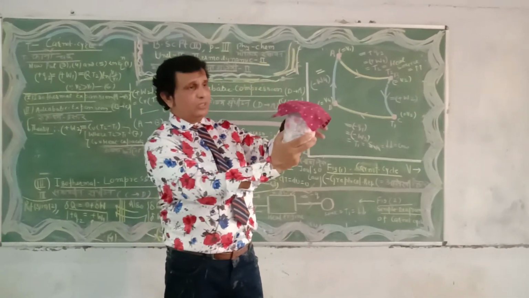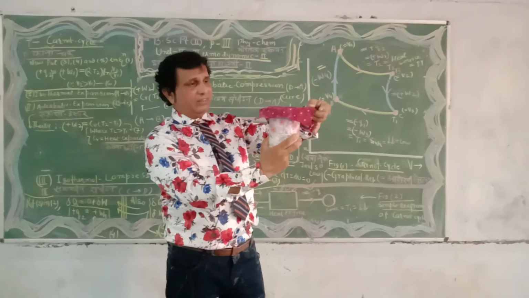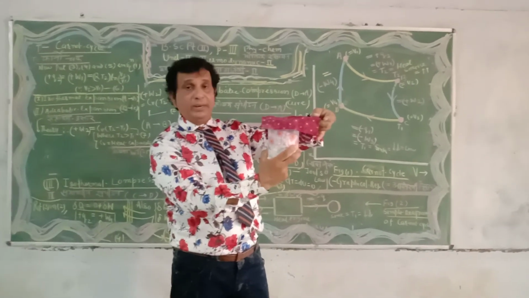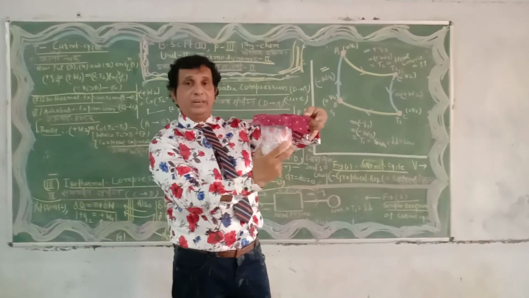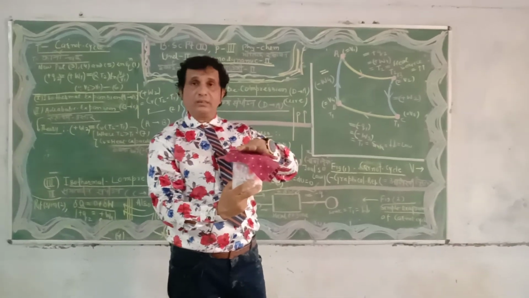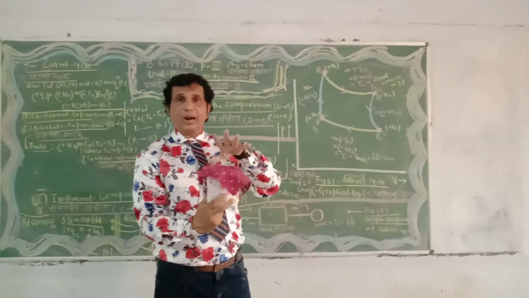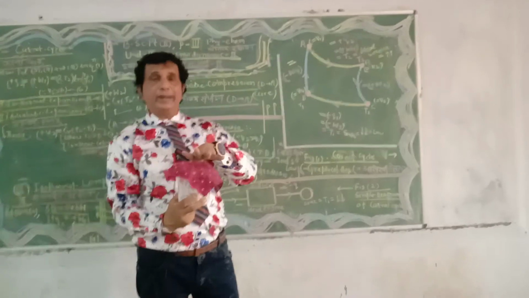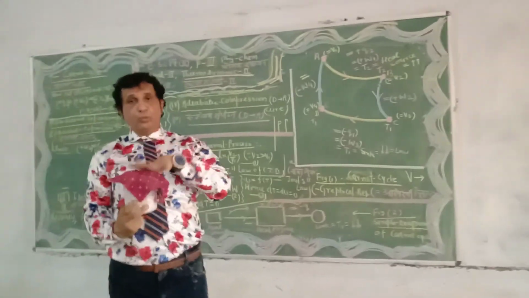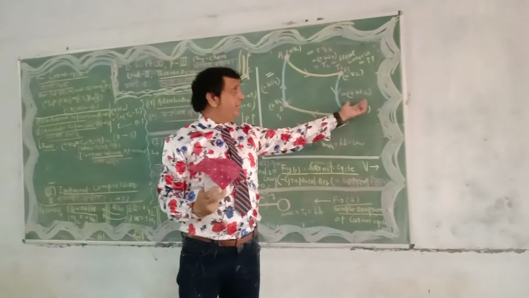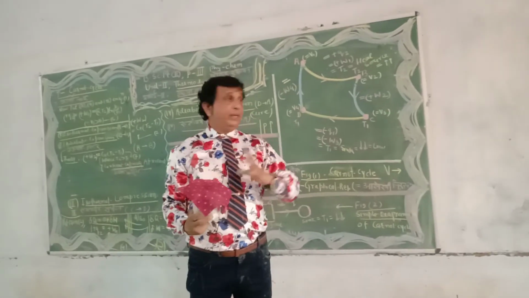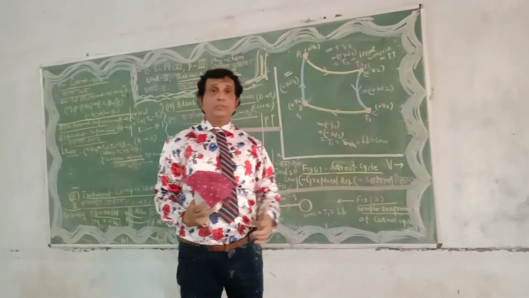Now, again very slowly, it is allowed to expand adiabatically. What is the work? We will calculate it after the expansion under adiabatic condition. Tomorrow it will be symbolized by plus W2. Once again, try to understand the B to C process.